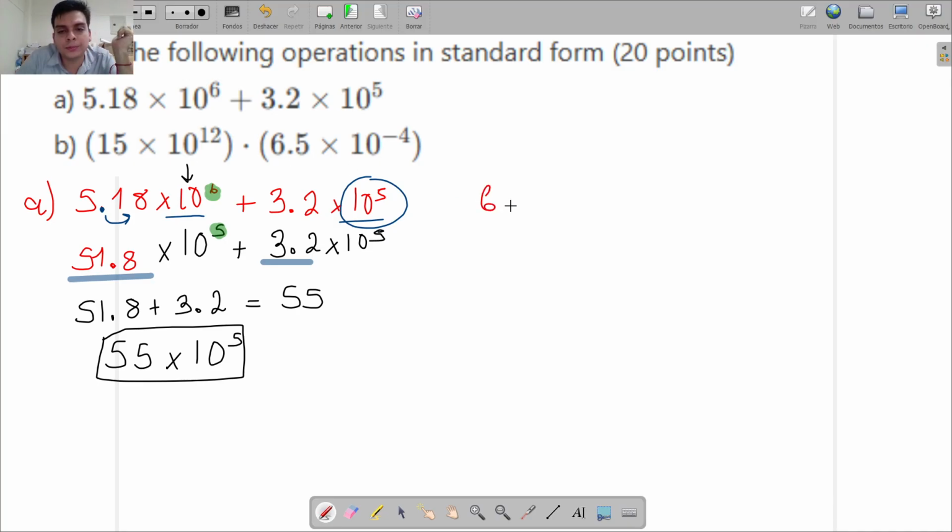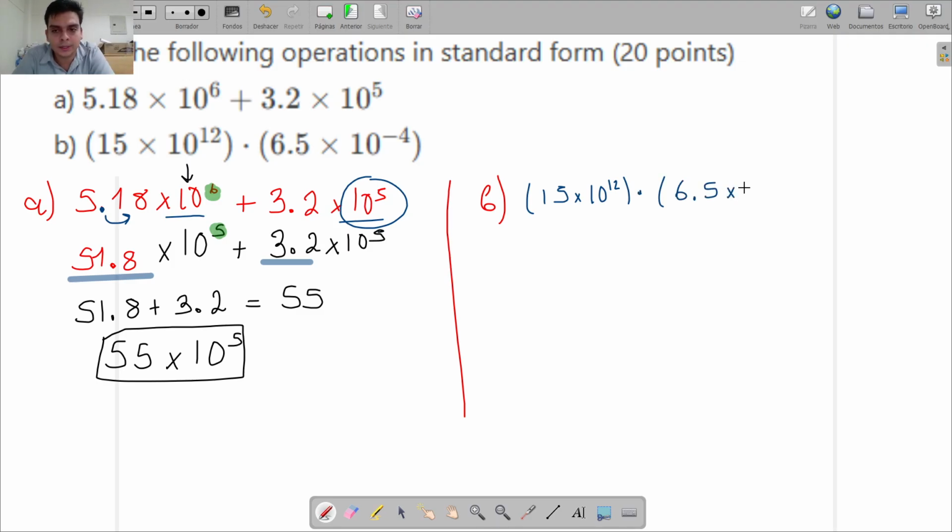Now we have something which is quite similar, but it's even shorter and easier. We have 15 times 10 to the power of 12 times 6.5 times 10 to the power of minus 4.